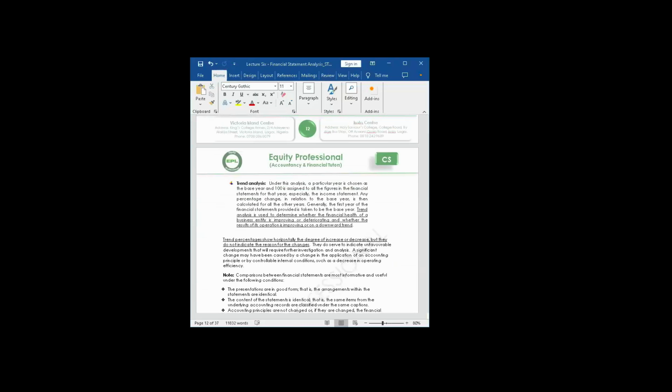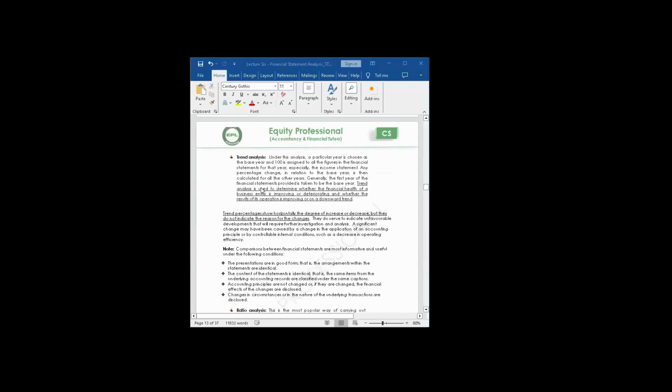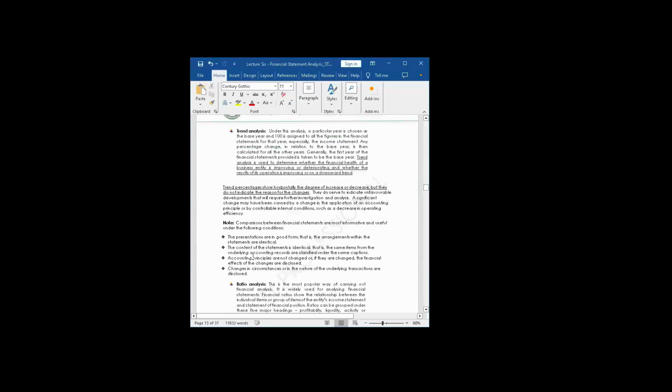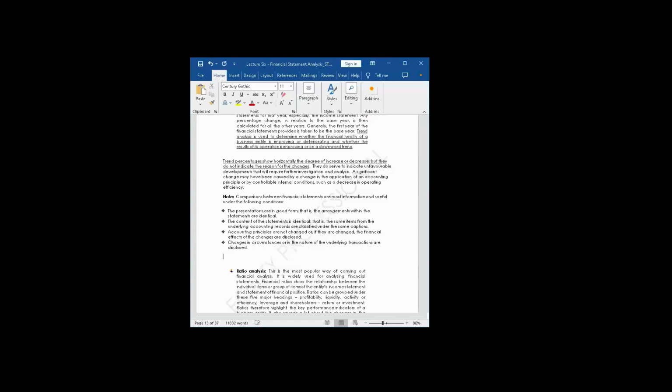Trend analysis helps us to, I think we have discussed trend analysis a bit the other time. But basically it helps us to show the movement, the changes in the items of financial performance or financial position.